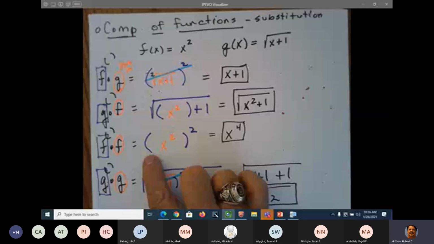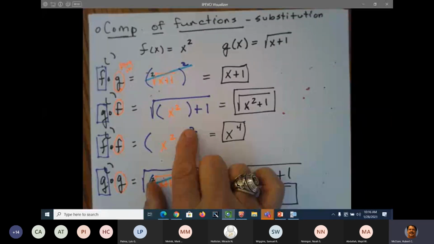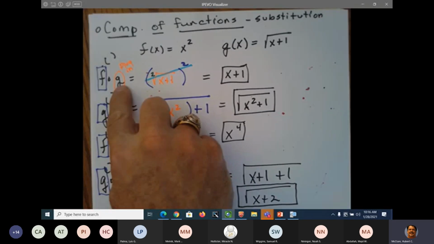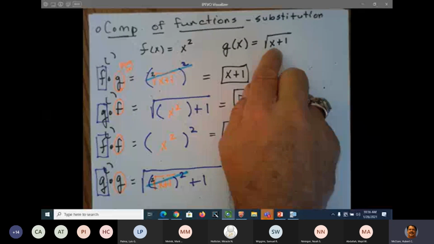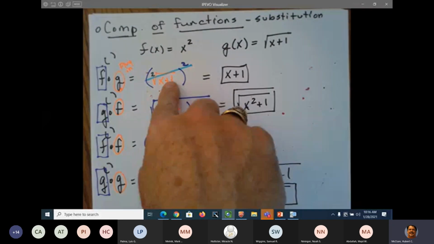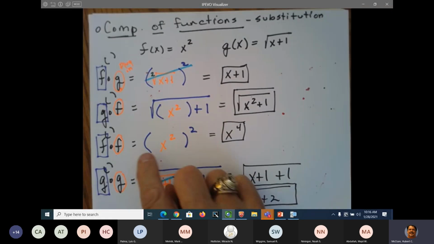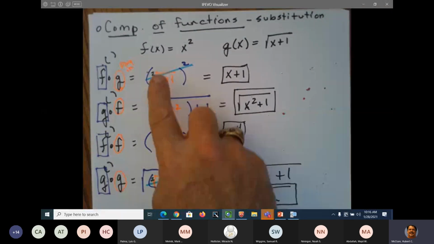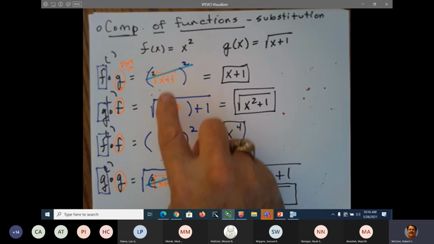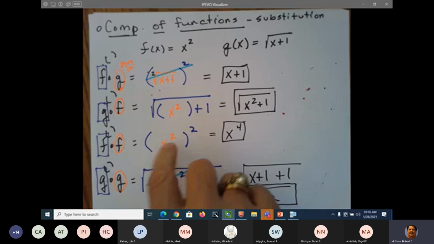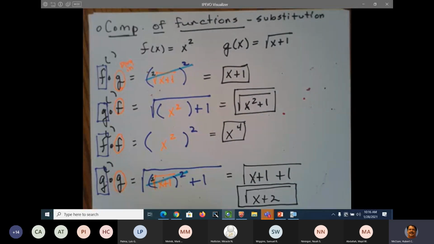And down here, big set of parentheses squared. And then this letter, you plug into that big set of parentheses. So I take that square root of x plus 1, and I plug it into that big set of parentheses. Here, f, I take that and I plug it into the big set of parentheses. And that's how you do composition of functions.